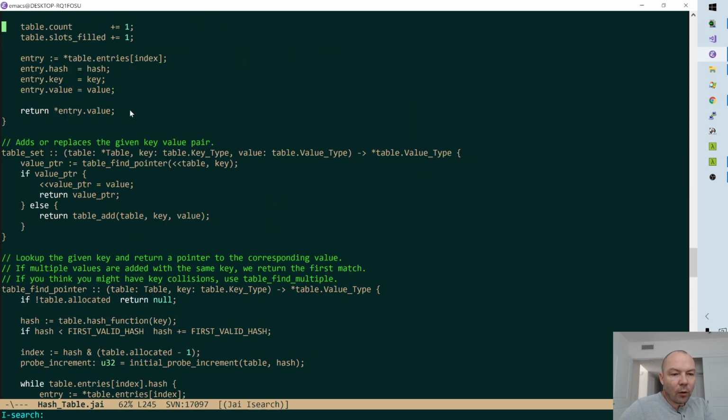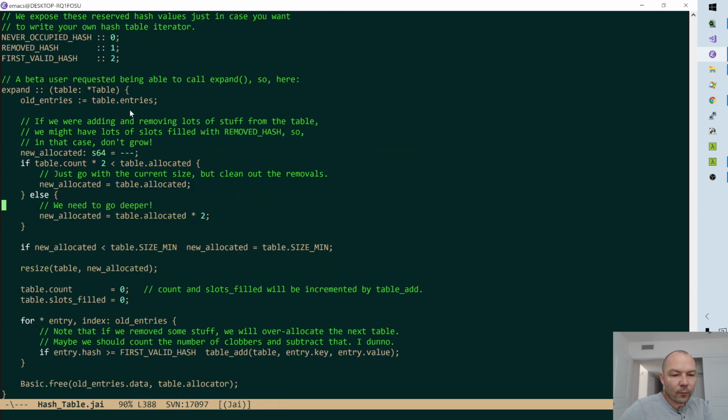Okay. So when we expand, oh, we do this on purpose because we think this is totally broken. This is totally broken. Okay, I thought the logic here was if we're gonna double, blah, blah, blah.